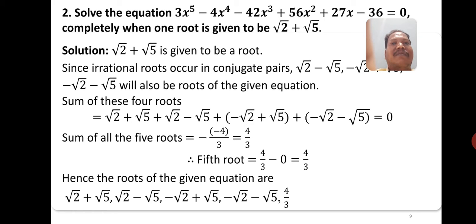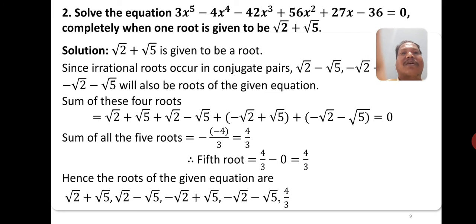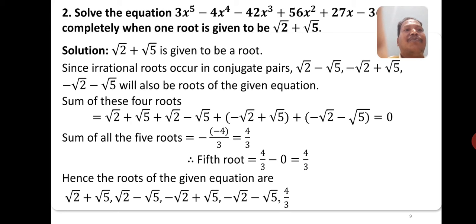Next, second one, solve the equation 3x power 5 minus 4x power 4 minus 42x cube plus 56x square plus 27x minus 36 equals 0 completely when one root is given to be root 2 plus root 5.